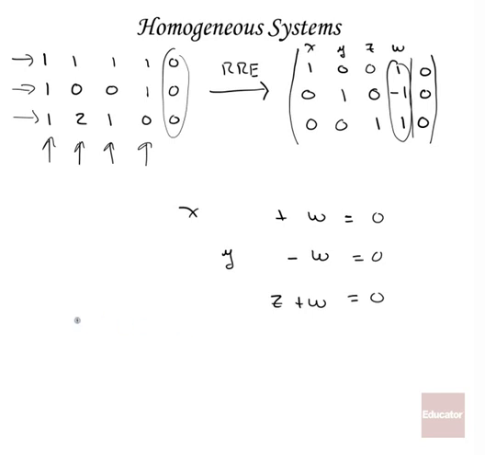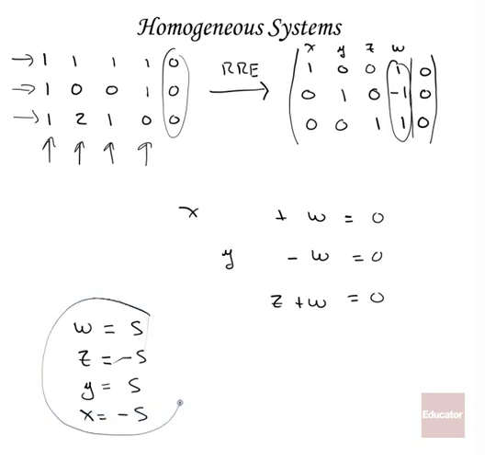So we'll set w equal to s. We'll solve for z. z equals minus w, which is minus s. y equals w, which is s. And x equals negative w, which is negative s. This is our explicit solution.